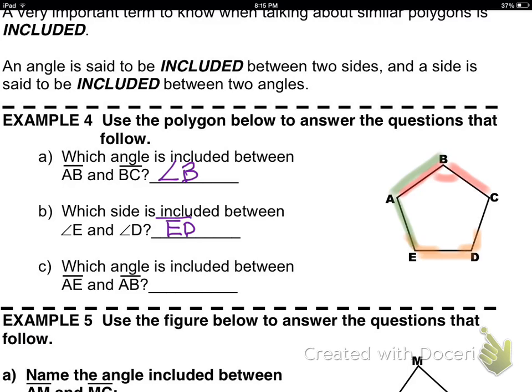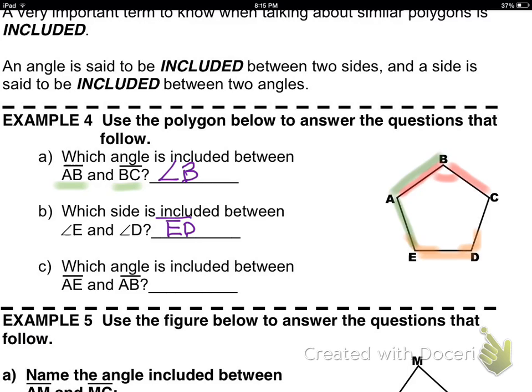But I want you to notice something. Even in the listing of these letters, of these sides and angles, using just the letters, notice what letter is common in segment AB and segment BC.